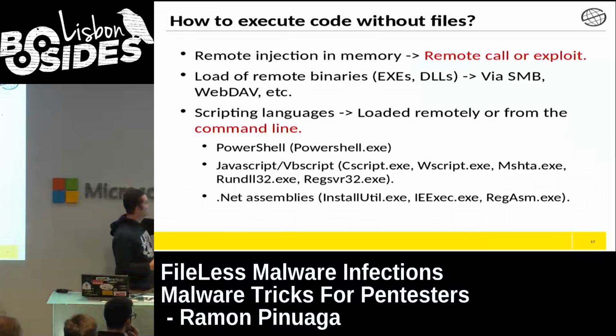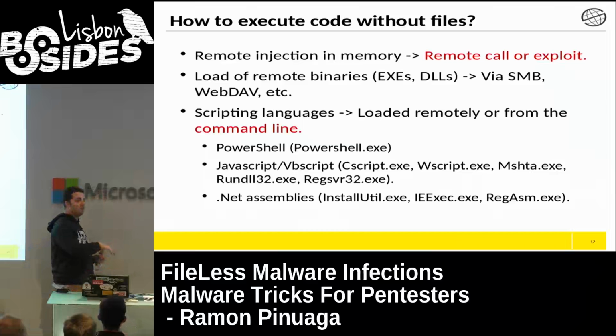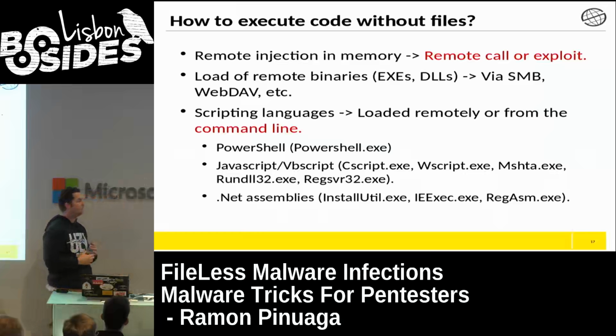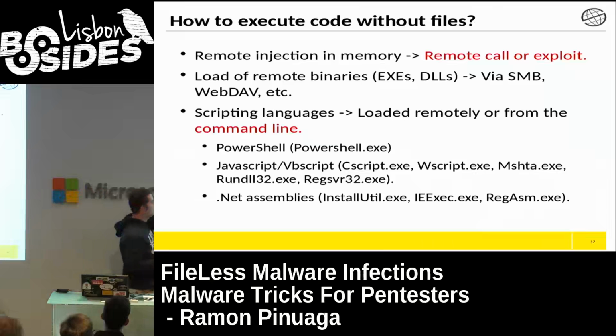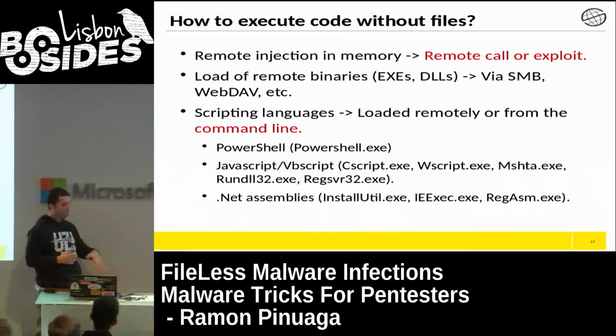So another option is to use the traditional JavaScript or Visual Basic scripting that is integrated in all Windows versions. So we can use this kind of scripts to load as a first stage for our malware. One of the advantages of this kind of scripting is that we can load these scripts from different tools.